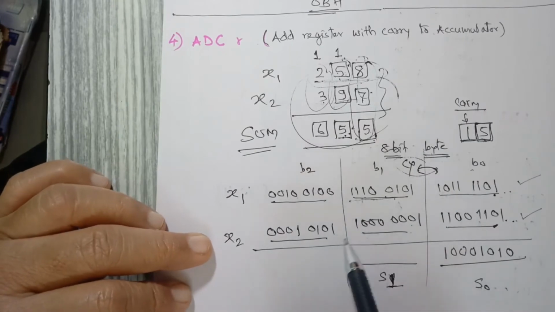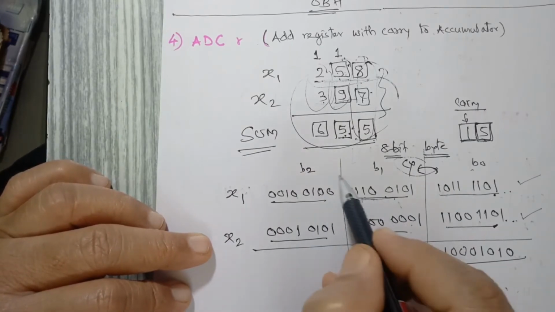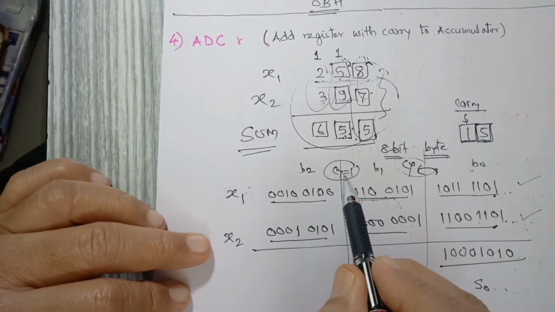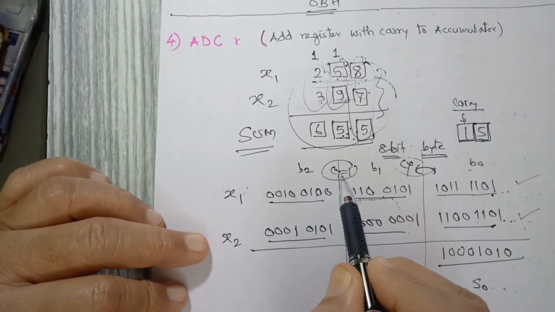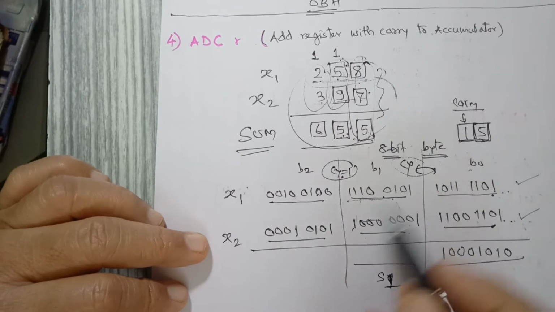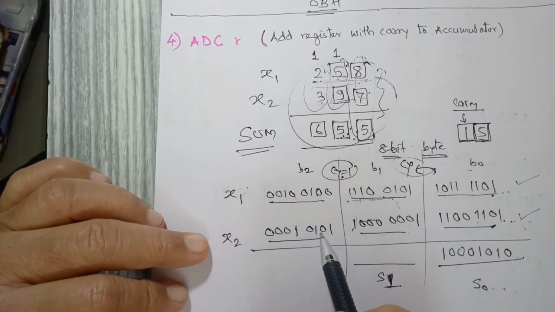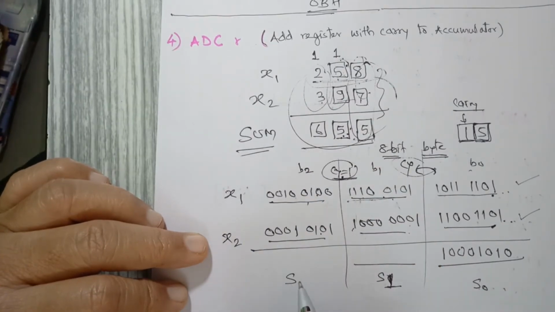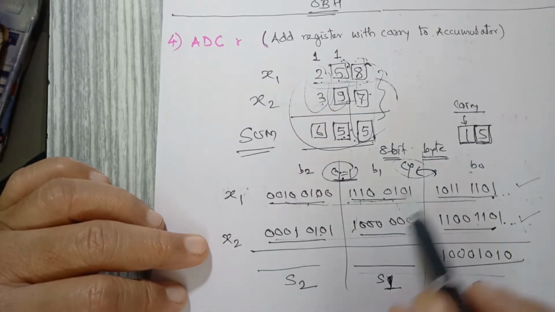Once again if there is a carry over from this column, that will be indicated by the carry flag. If it occurs the carry flag will indicate it, otherwise the carry will be 0. Again while adding this byte to this byte, in the third step you need to account for this carry and you will get sum byte 2. This is how a multi-byte number can be added to a multi-byte number.